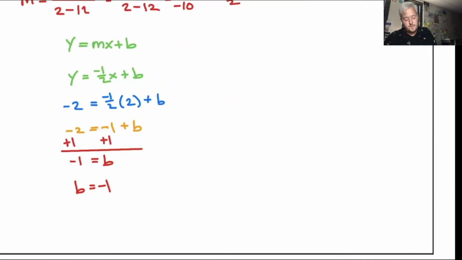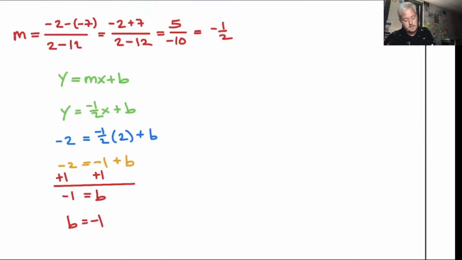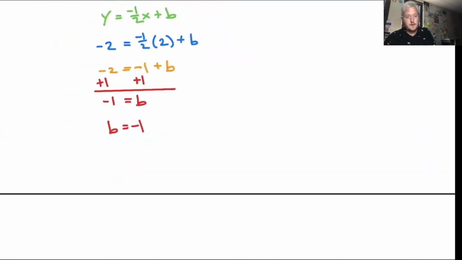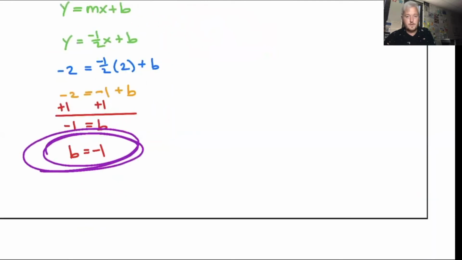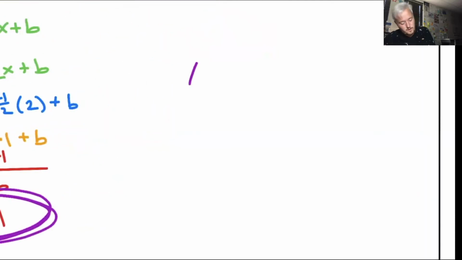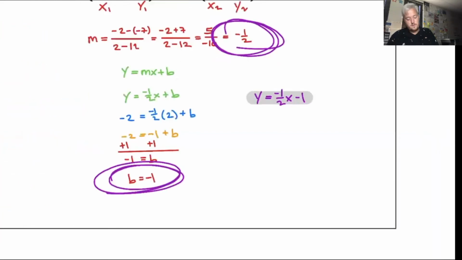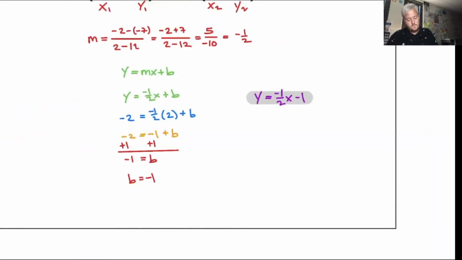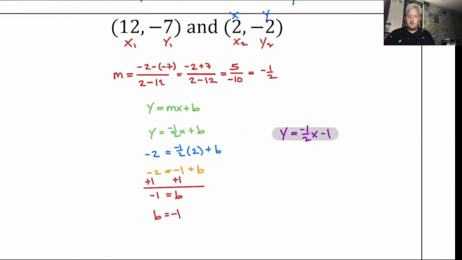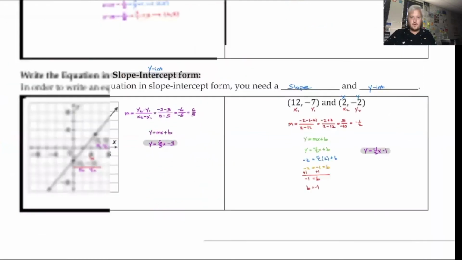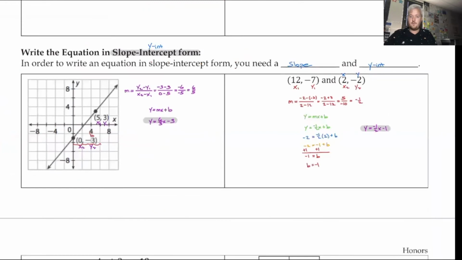All right, so in this case, I'm going to take my slope that I just have up here and my b value down here, and I'm going to combine them into 1. So I'm going to have y equals -1/2 x minus 1. So this is the equation. As I mentioned before, this one does have a few extra steps, but still not as terrible as it may seem.